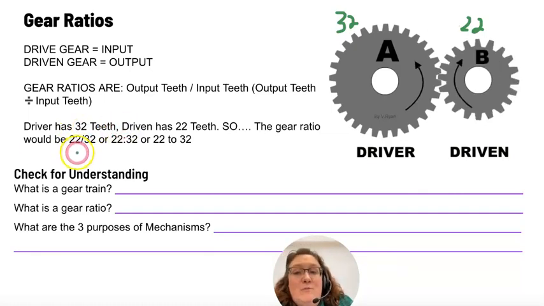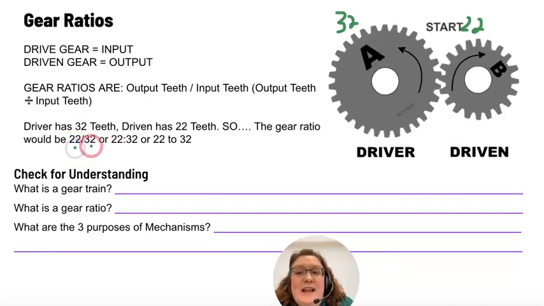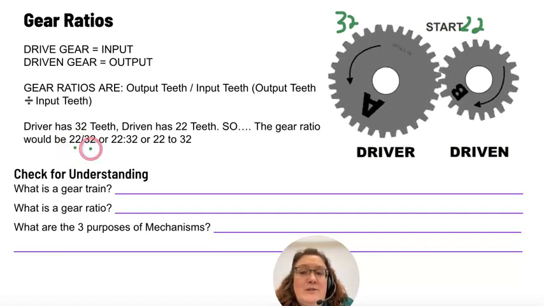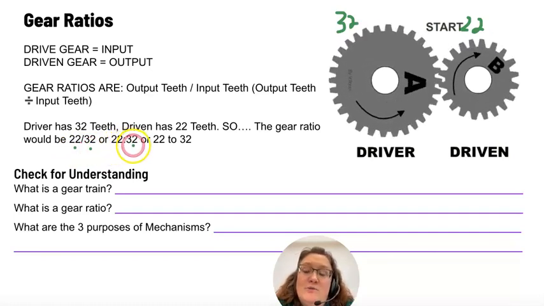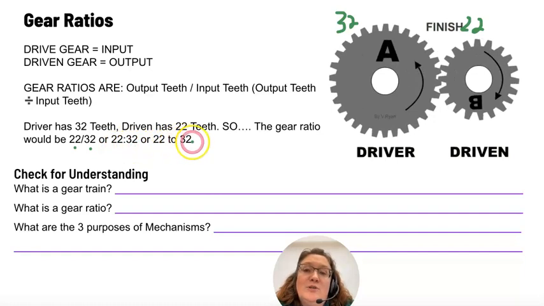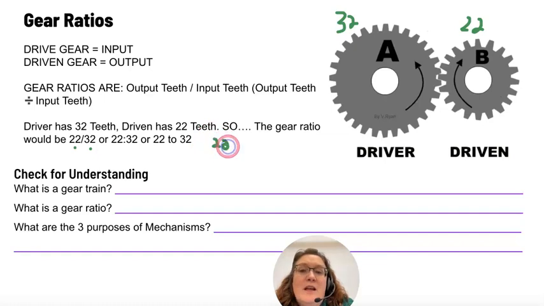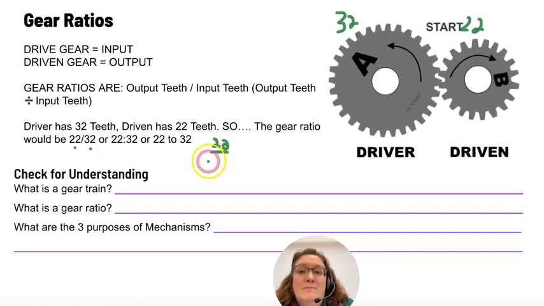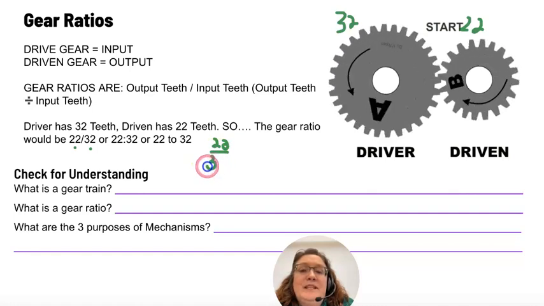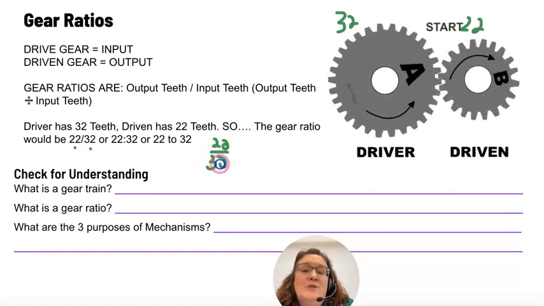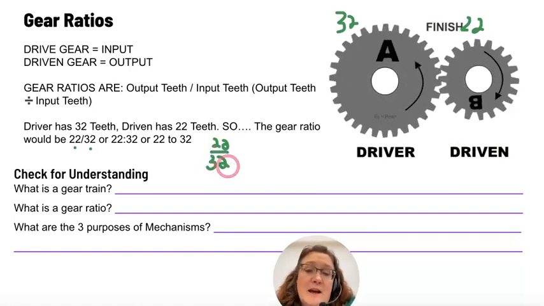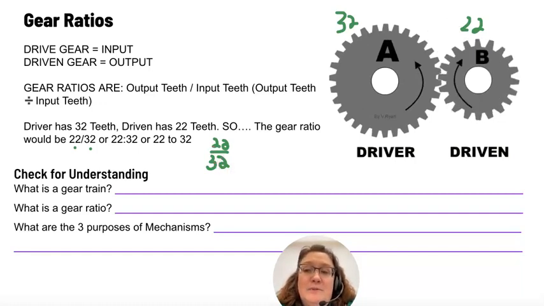So that means the output is 22 and the input is 32, which makes it 22 to 32, or you could write it like a fraction and put your 22 over your 32. Now, here's the deal. I would not expect you to simplify this because that's not what we're here to do. We're just looking at the gear ratios themselves.